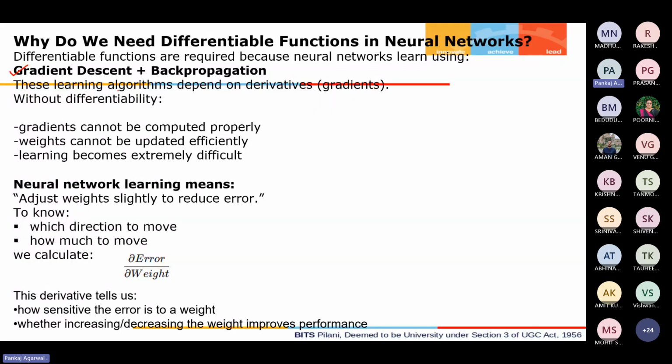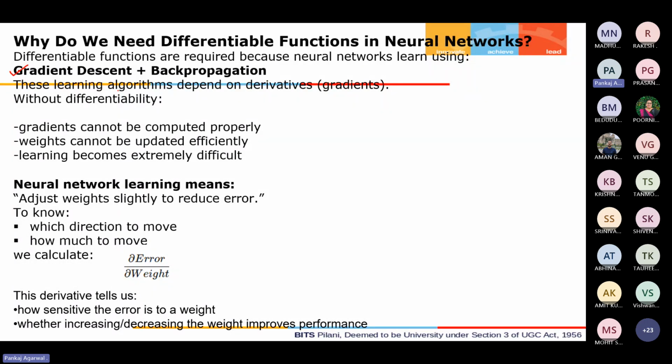This would be done by a gradient descent algorithm, right? And how with iterations this error would keep on decreasing.